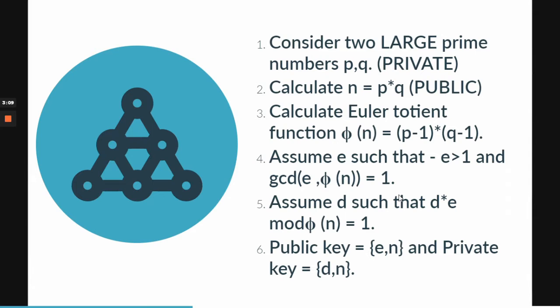E should always be greater than 1 and the GCD of E and phi of n should be 1. If E satisfies these two conditions, then we can take it as a key. Next, assume D such that D times E mod phi of n is 1. D should satisfy this condition to be the decryption key.